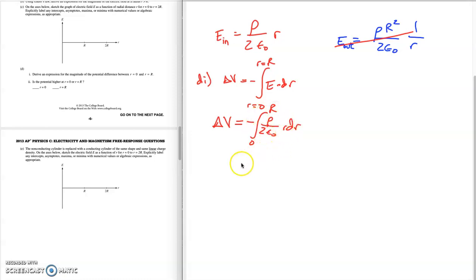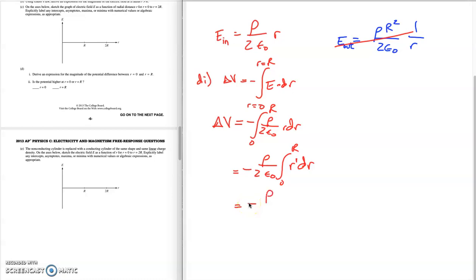And the rho and the 2 epsilon naught are constants, so they get to come up front. Let's try this again. So rho over 2 epsilon naught, 0 to big R, and we have r dr. Now this is r, and we never bother writing that 1 for the exponent, but the exponent will increase by 1, and we divide by our new exponent.